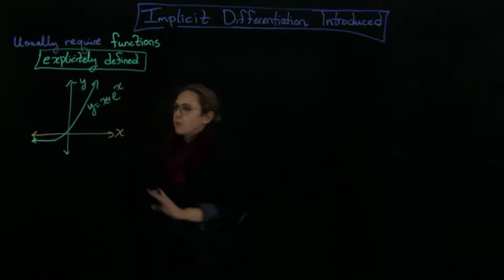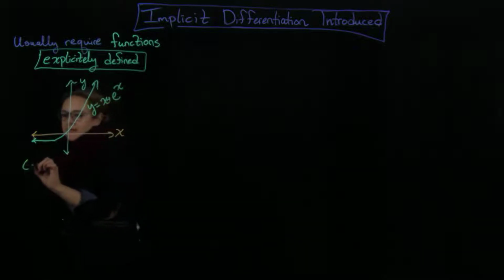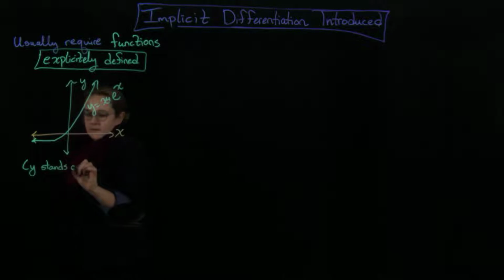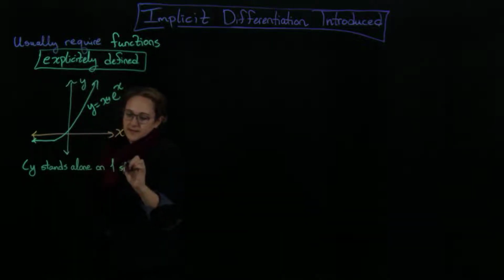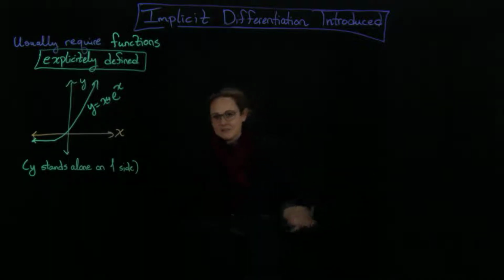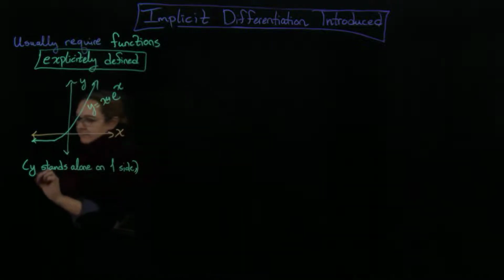And so why is this explicitly defined? Because y stands alone on one side, is how you could kind of think about it. Alone on one side. Right, and everything on the other side only has to do with x.